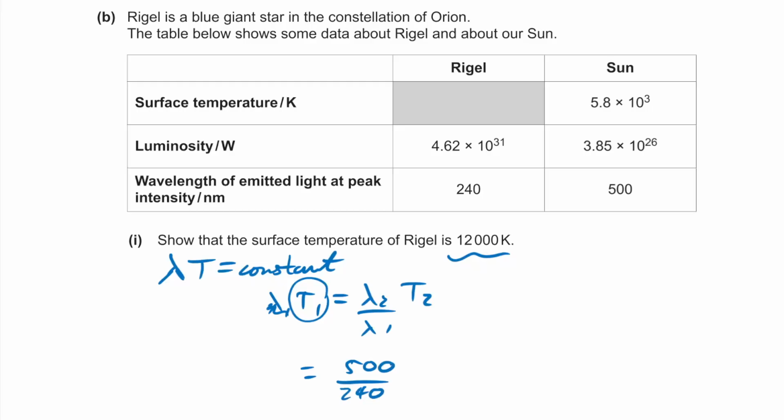We don't need to be concerned with the nanometers because it's all relative. And we know the temperature of the sun is 5,800. So we can already see that we're going to end up multiplying by a factor similar to that. And we end up with 12,083. So yes, that is 12,000 Kelvin.